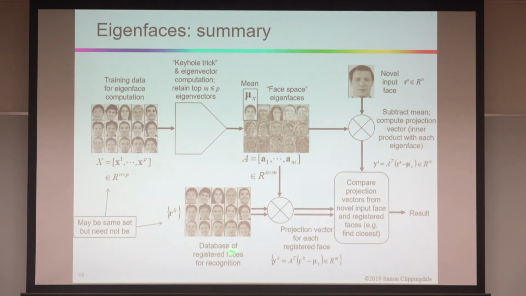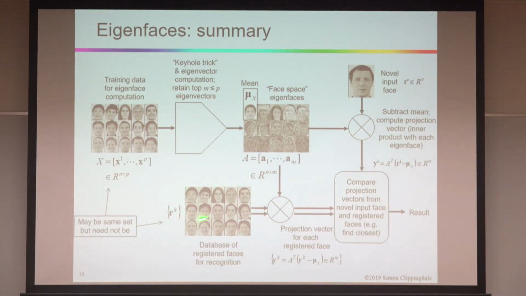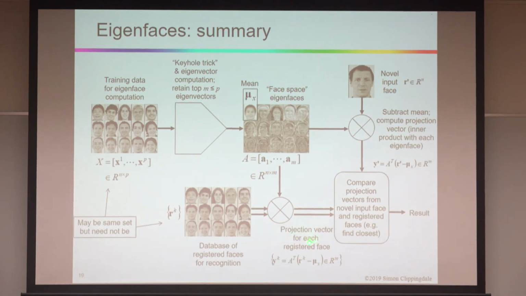Then we've got a bunch of people here who we want to recognize if they appear in the input. Now this set can be the same as this set. It usually is, but it doesn't have to be. So for each of these faces registered in our database, take all the inner products of that face with all these to give you a projection vector yk.